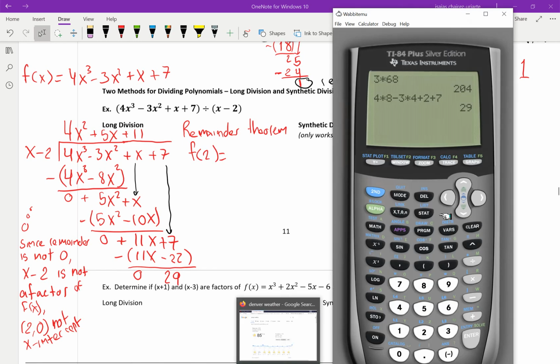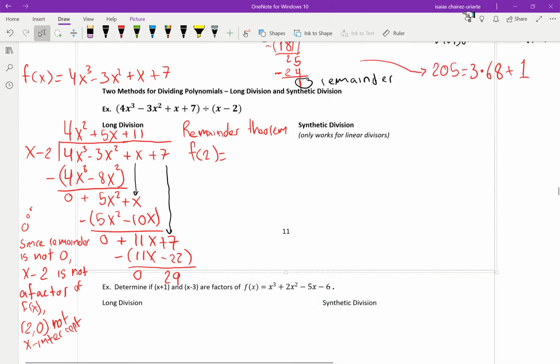If I replace all of my x's with 2, that would be 4 times 2 to the third, so 4 times 8, minus 3 times 4, because 2 squared is 4, plus 2 plus 7, and the result is 29, which is the same thing as our remainder. So f of 2 happens to be 29.